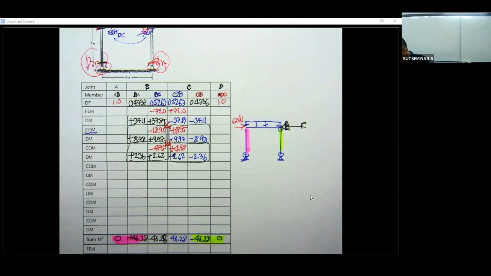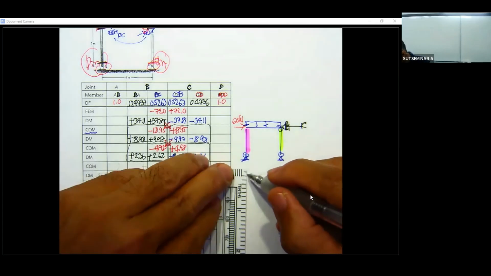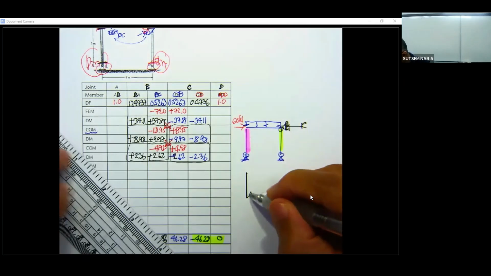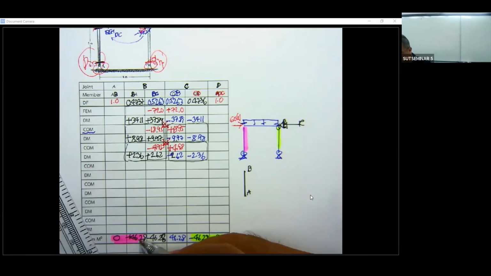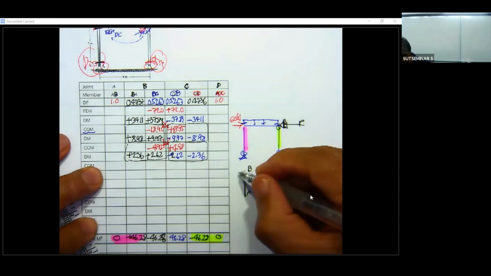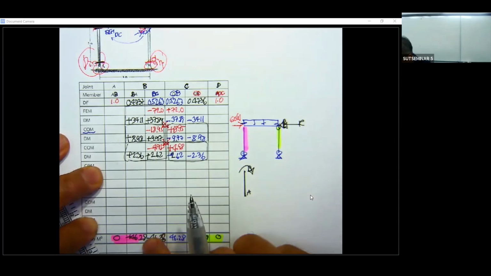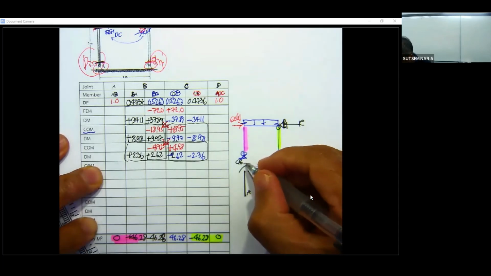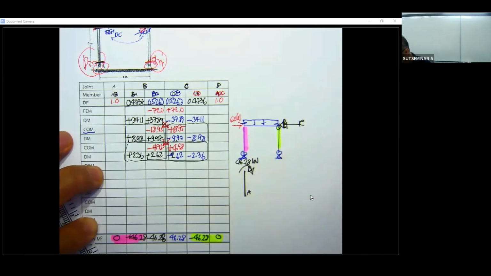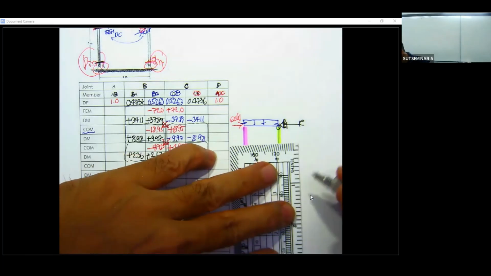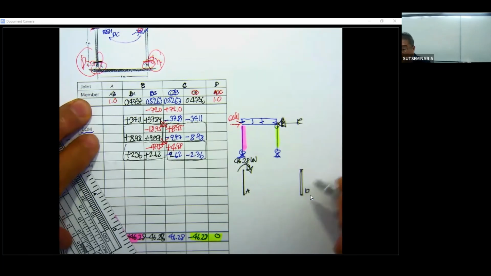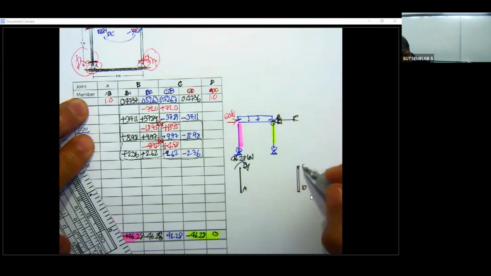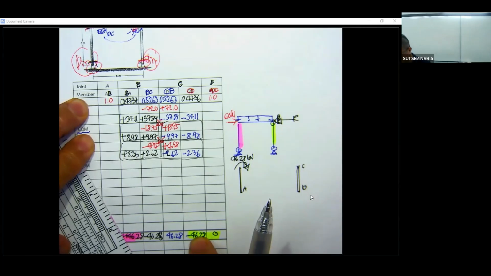What you have is going to be this A, B, and this one is M sub BA 46.28 kilonewton meter. This one positive, and this one you also have the column, but it's going to be D, and over here C. You have this one is minus 46.28.